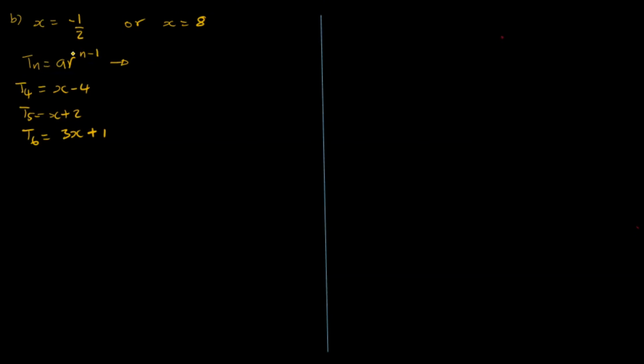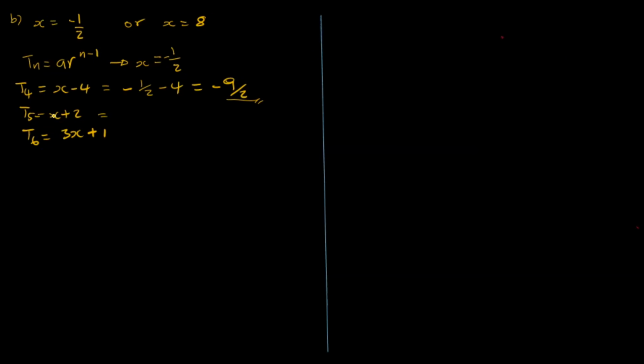So for x equal to minus 1 over 2: T4, if x is minus 1 over 2, T4 will be minus 1 over 2 minus 4. This will give me minus 9 over 2. Okay.